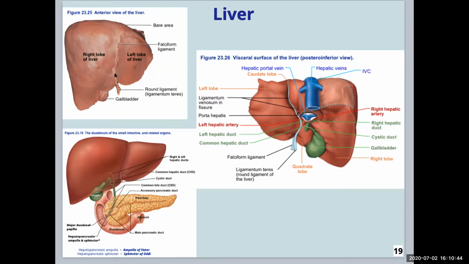Okay, extending from the falciform ligament, kind of free hanging, is the ligamentum teres of your liver, also known as the round ligament. Okay, and then on the back side, on the posterior side of your liver, you find two more lobes. There's the caudate lobe, which is more superior, and then there's the quadrate lobe, which is more inferior.